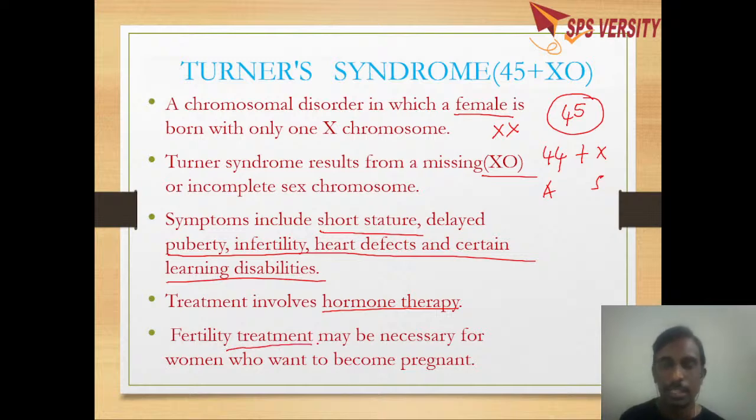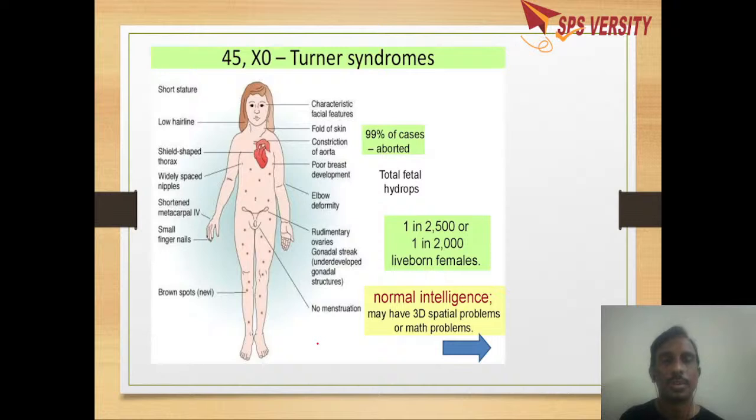It generally occurs in females. So here you can see the symptoms: poor breast development, elbow deformity, rudimentary ovaries, that means non-functional, lack of proper menstruation, brown spots, small fingernails, shortened metacarpals in the forearm, widely spaced nipples, shield-shaped thorax, low hairline, short stature.